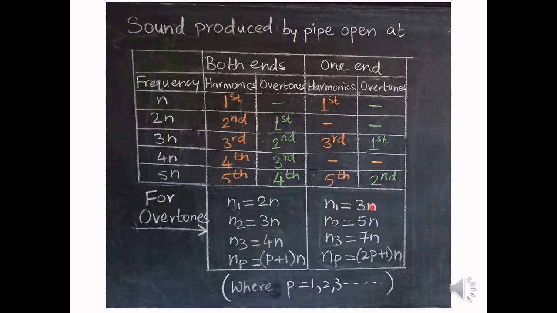So N1 is equal to 3N, N2 is equal to 5N, N3 is equal to 7N. So in general, the pth overtone has a frequency Np equal to (2p+1) times N, where p is equal to 1, 2 and 3 as it represents the first overtone, second overtone, third overtone and so on.